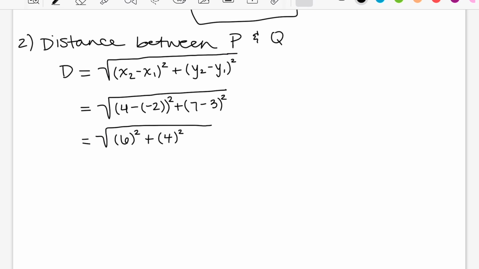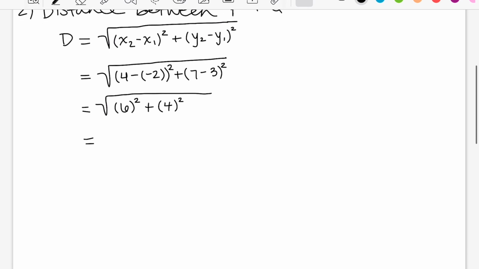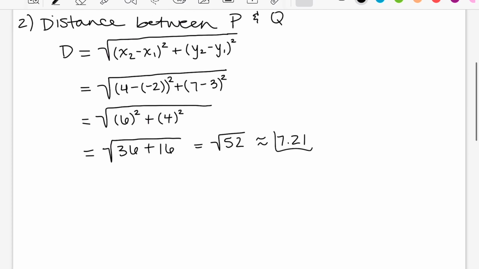And all under the square root. Then 6 squared is 36, and 4 squared is 16. And so we get the square root of 52. And then putting this in my calculator, that is approximately 7.21. Right, so this would be the distance between our 2 points.